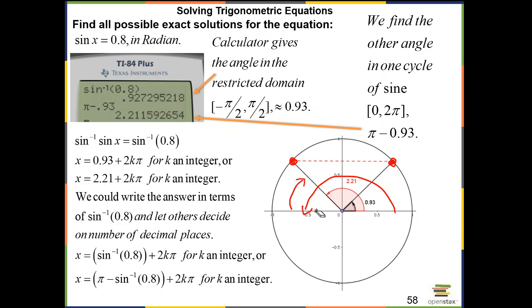Now pi is like 3.14 minus 0.92 gives you 2.21. And then you add 2k pi to both, right? So the solutions for that equation are given by these two equations. All of them, right, in radian.